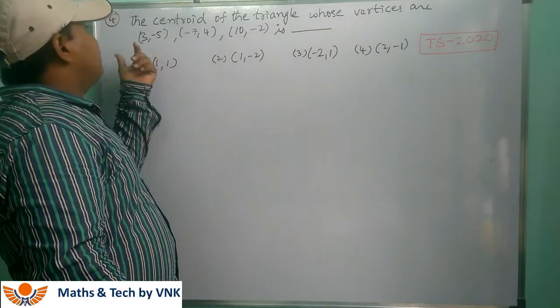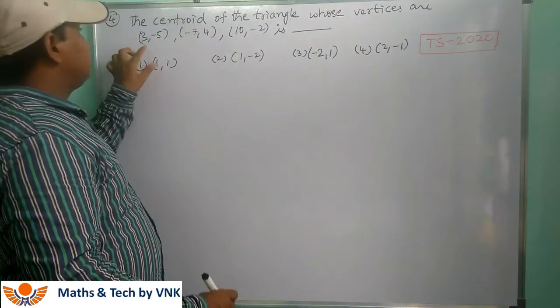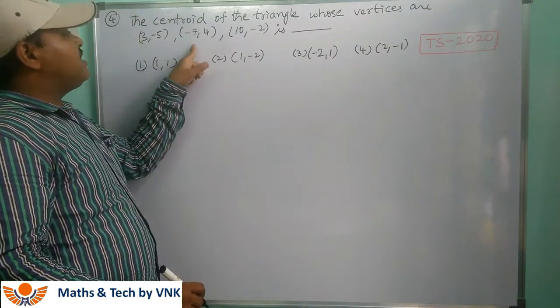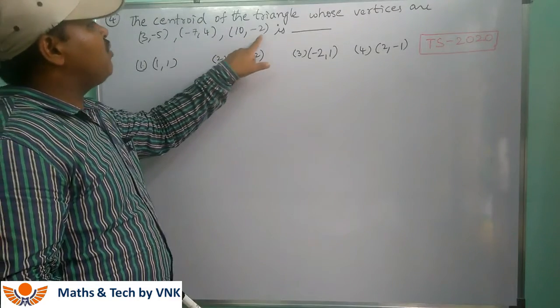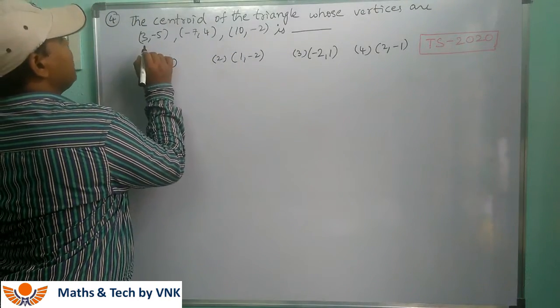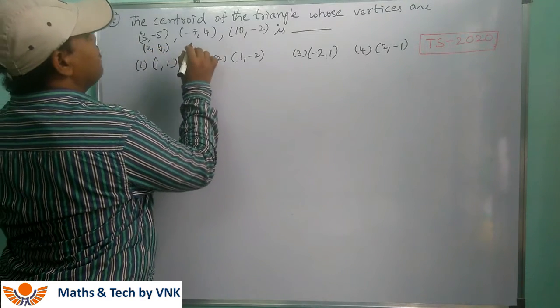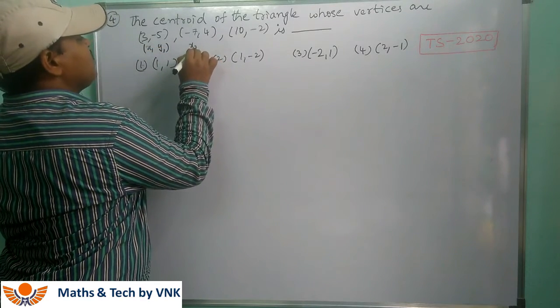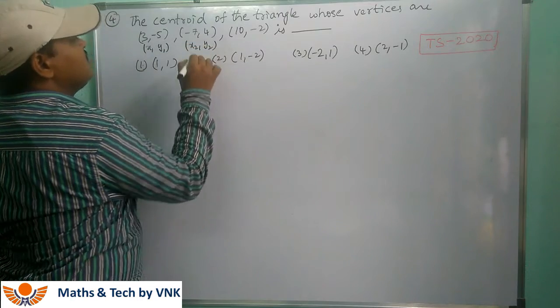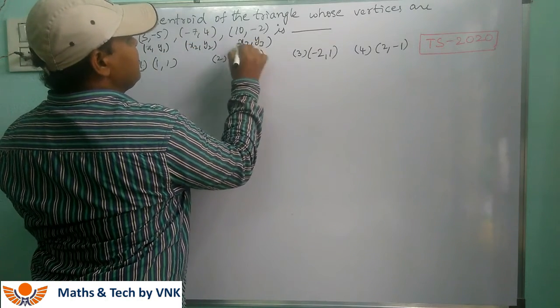The fourth question is, the centroid of the triangle whose vertices are 3 comma minus 5, minus 7 comma 4, 10 comma minus 2 is. So let the given points 3 comma minus 5 be x1 comma y1, minus 7 comma 4 be x2 comma y2, and 10 comma minus 2 be x3 comma y3.